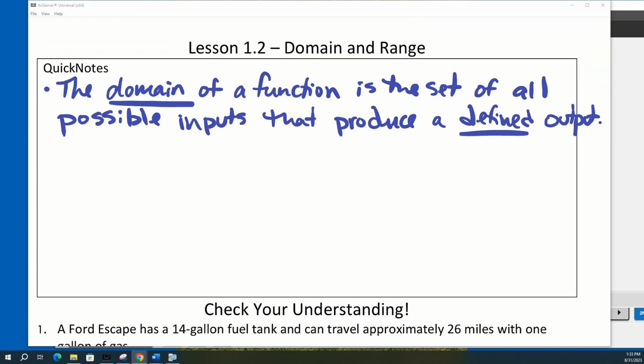And like I said, until we start talking about logarithms, the only thing that's going to restrict our domain is a negative under a square root and a 0 in the denominator.